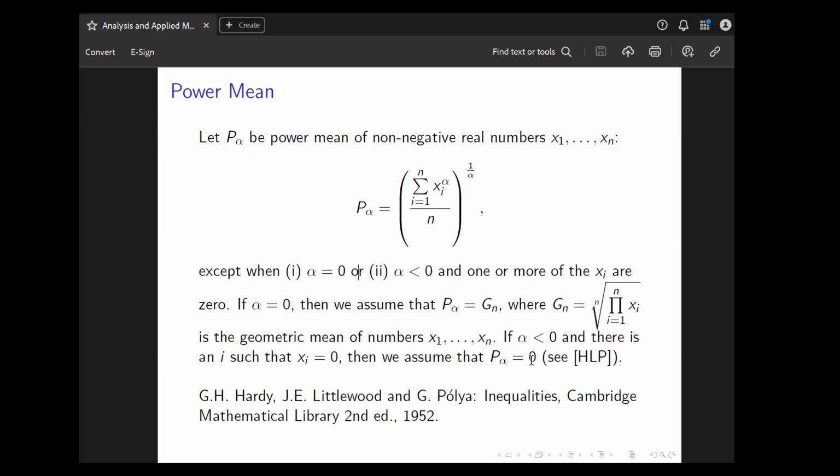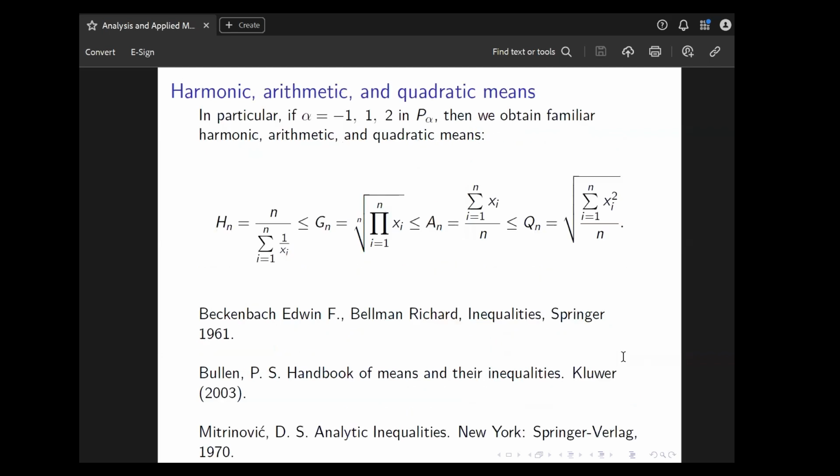So we are done with clarification of these exceptional cases. Power mean is defined for all non-negative real numbers. This definition is given in Hardy, Littlewood, and Polya's well-known book Inequalities. It is well known that as alpha increases, the power mean increases.